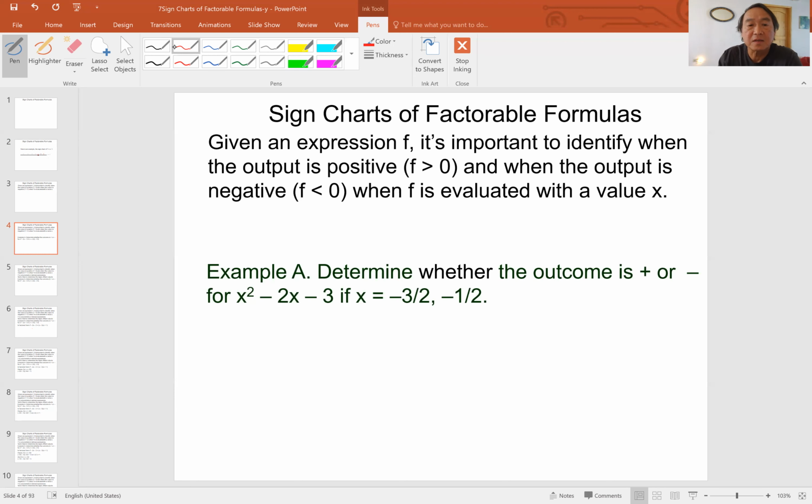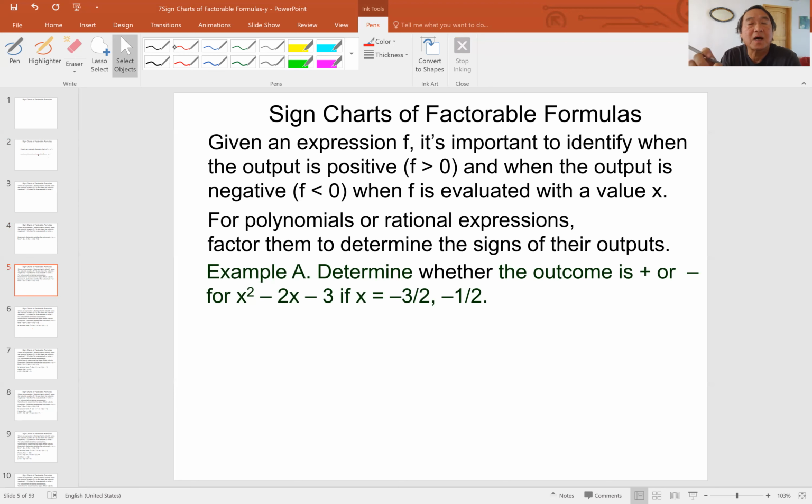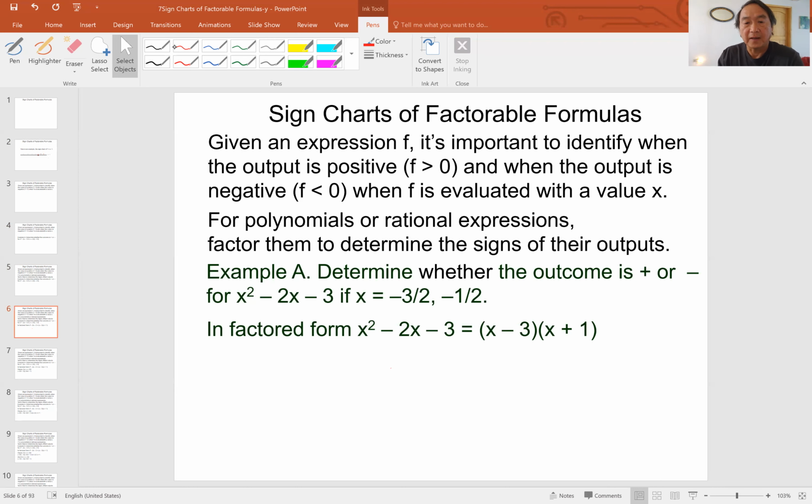One convenient thing to do is check the sign of the outputs. If I have a formula that's factored completely into parentheses of binomials, then it's easy to find out the sign of the output.